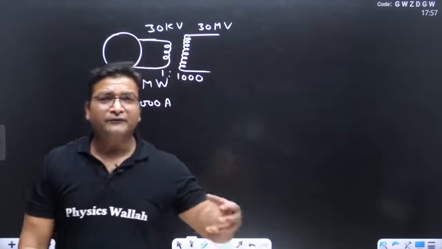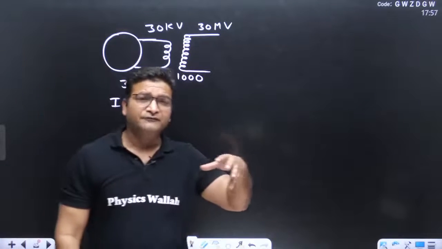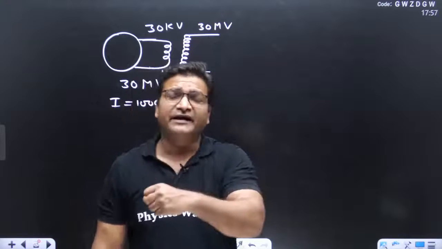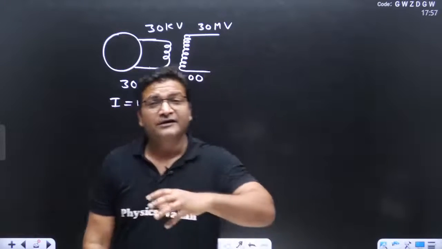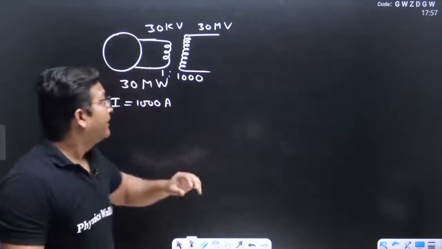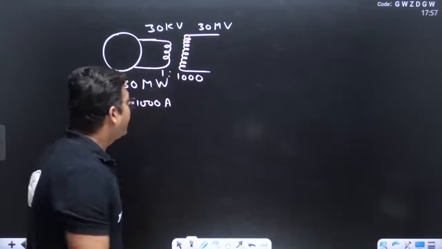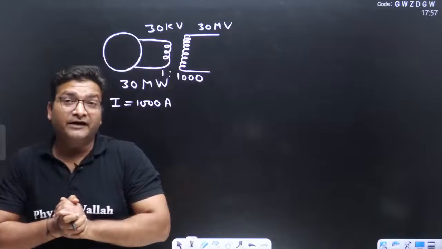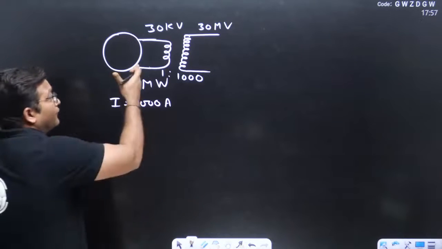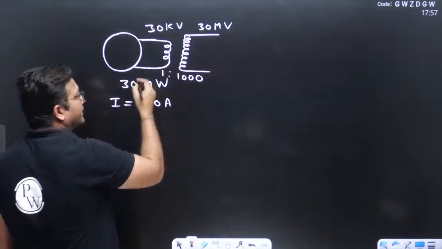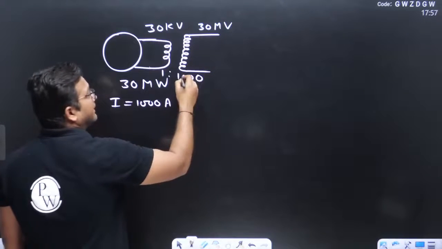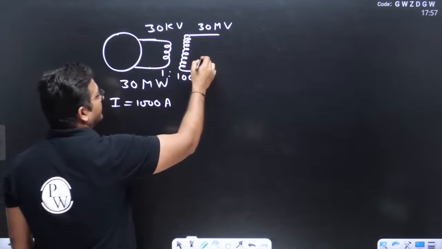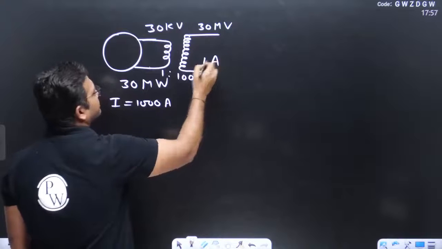That is why few lines you must have heard about are called high tension lines, HT lines, because the voltage is very high. The current is actually inversely proportional to number of turns. So if voltage increases 1000 times, the current here becomes smaller by 1000 times. So current here is only 1 ampere.